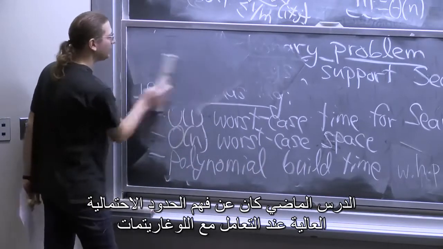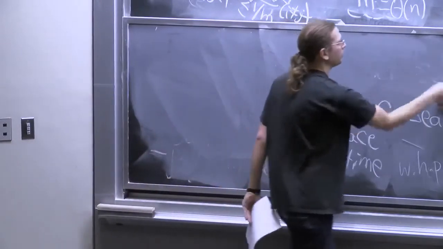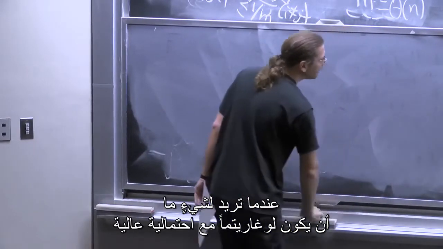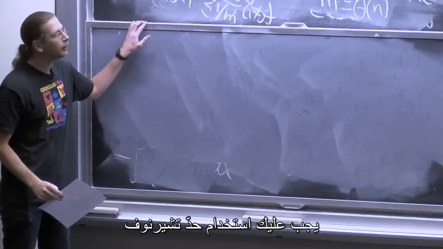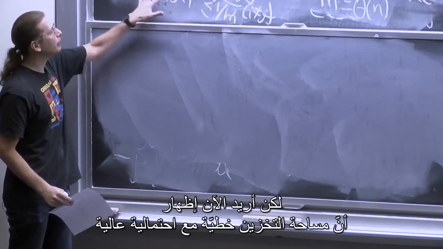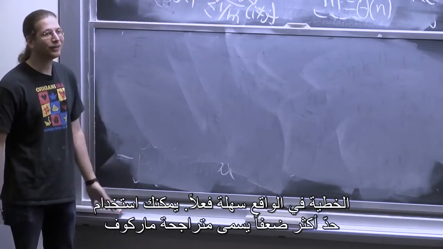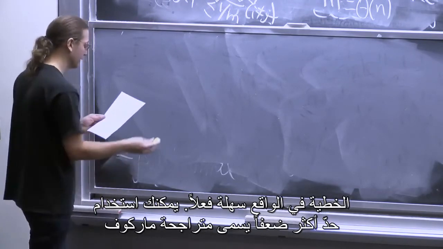Last class was about getting with high probability bounds when we were working with logs. When you want to get that something is log n with high probability, you have to use a Chernoff bound. But now I want to show that the space is linear with high probability. Linear is actually really easy. You can use a much weaker bound called Markov's inequality.